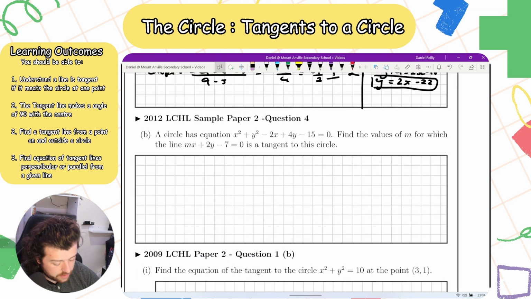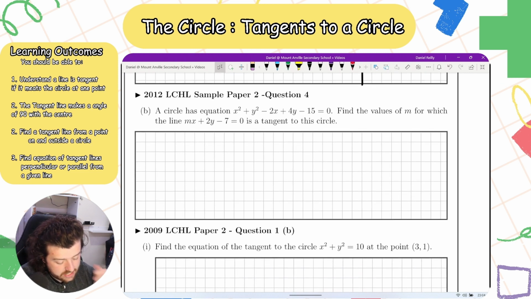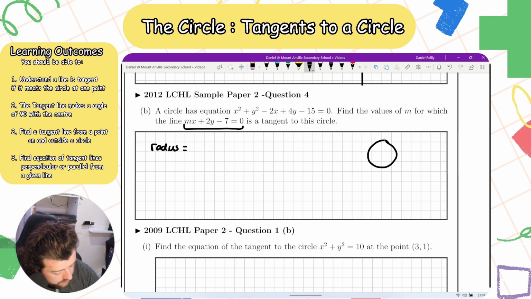Next one, this is from 2012. A circle has an equation x² + y² - 2x + 4y - 15 = 0. Find the values of m for which the line mx + 2y - 7 is a tangent to this circle. So this line is a tangent to the circle if the perpendicular distance is equal to the radius. So remember to draw a little sketch for yourself.